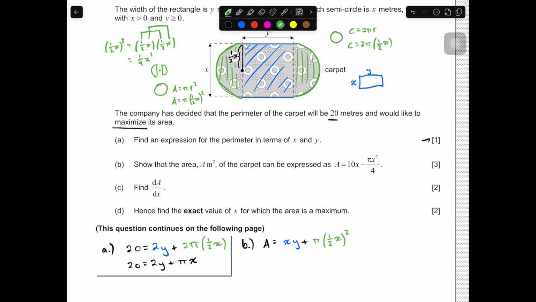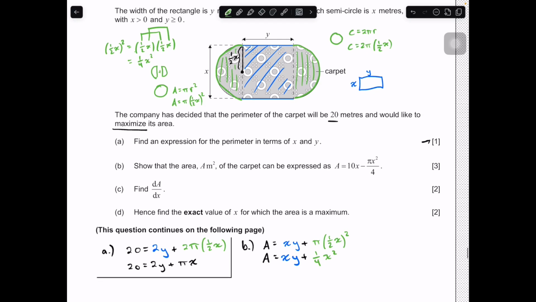So I'll rewrite it. Area is equal to pi times y plus 1/4 x squared. All right.